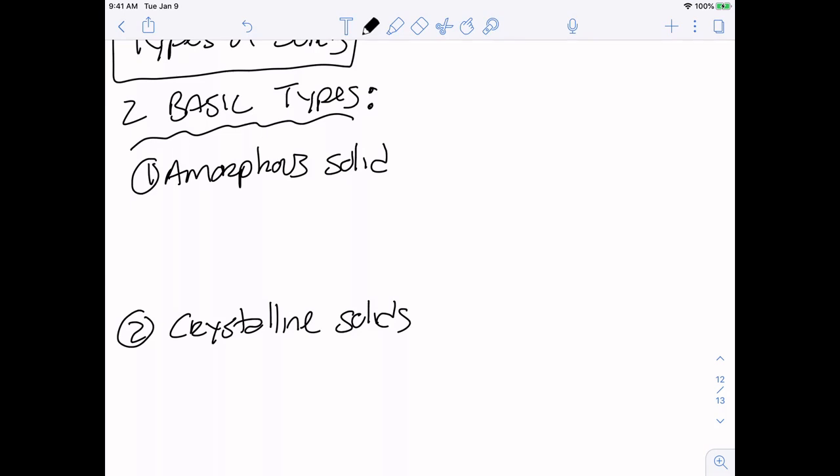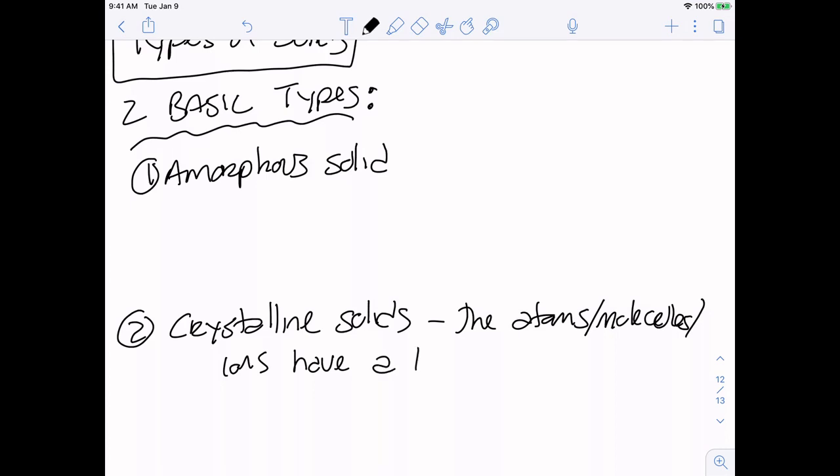So crystalline solids: the atoms, molecules, ions, whatever it happens to be that's making it up, have a long range order. So there's some sort of pattern, and then that pattern just repeats itself.